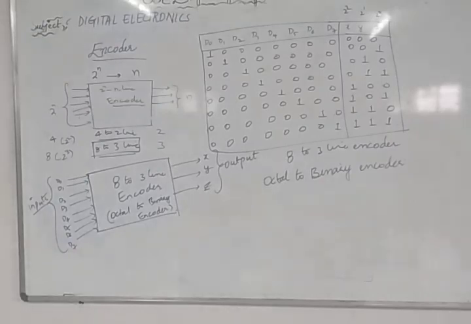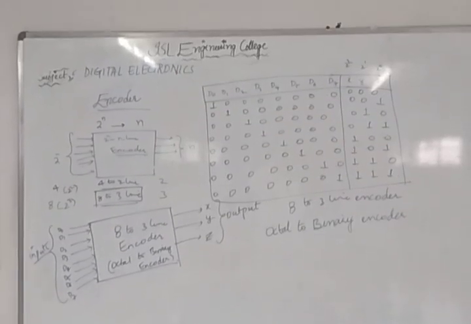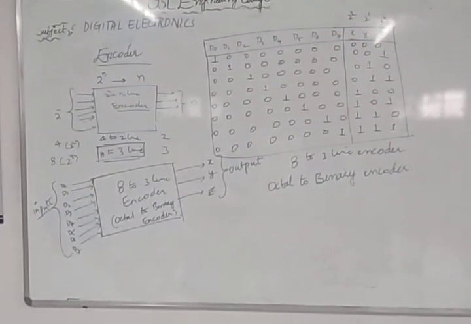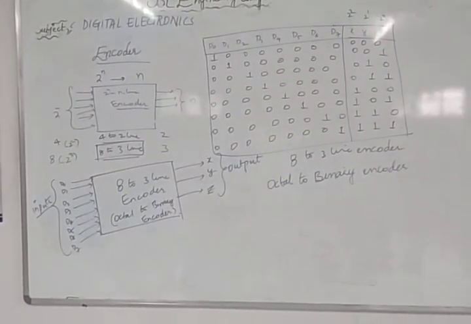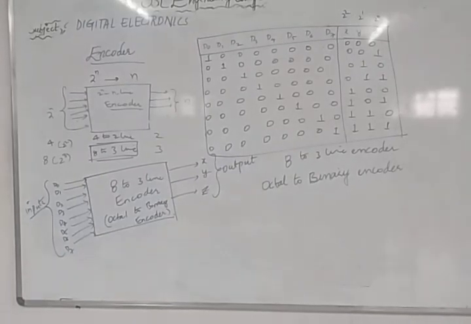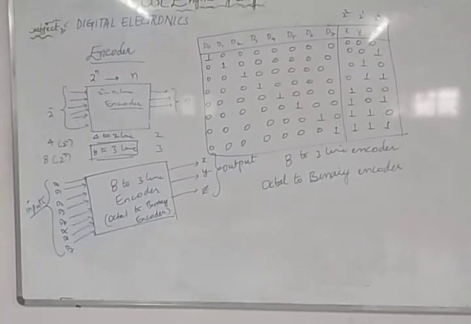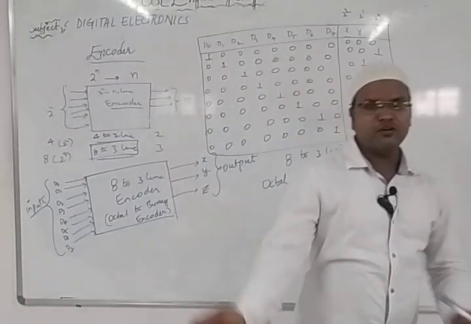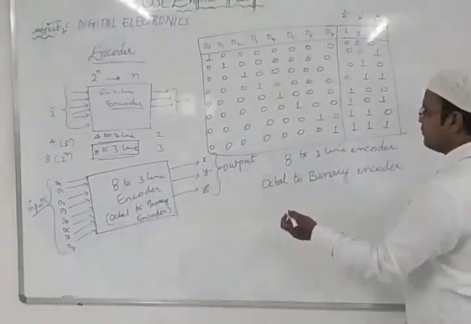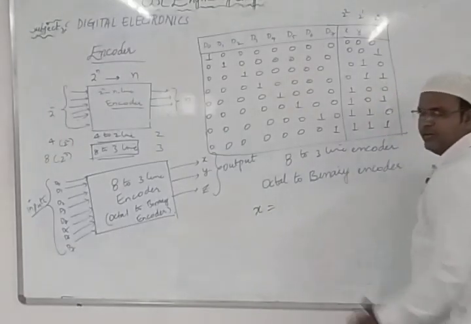Next, how it is going to work as an encoding sequence, that I'll tell you. First, note down this particular point for the encoding sequence. Next, students, we just want to write down the combination of the output. For writing the output value of X, Y and Z, we'll take the combination value when it is high.